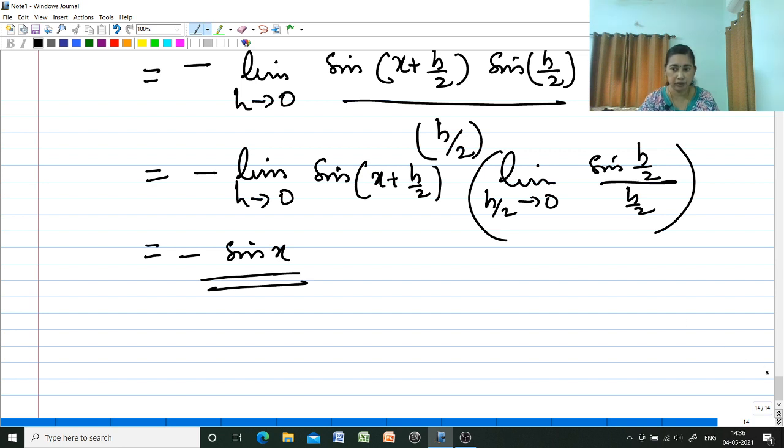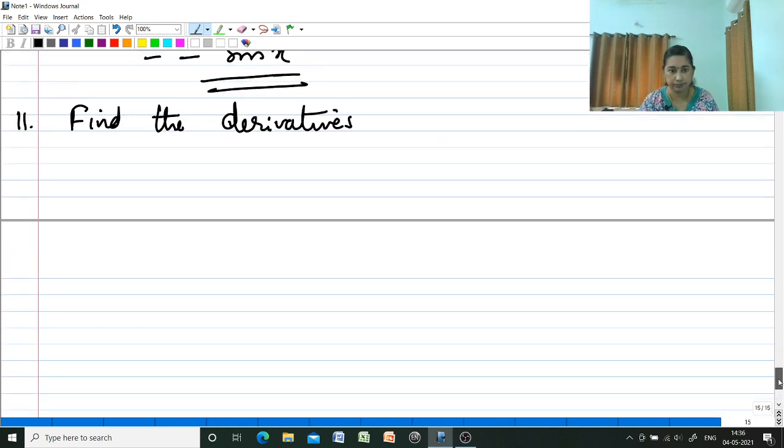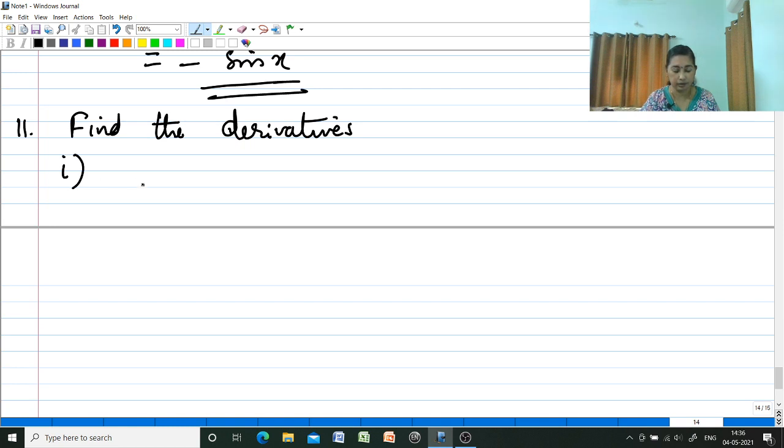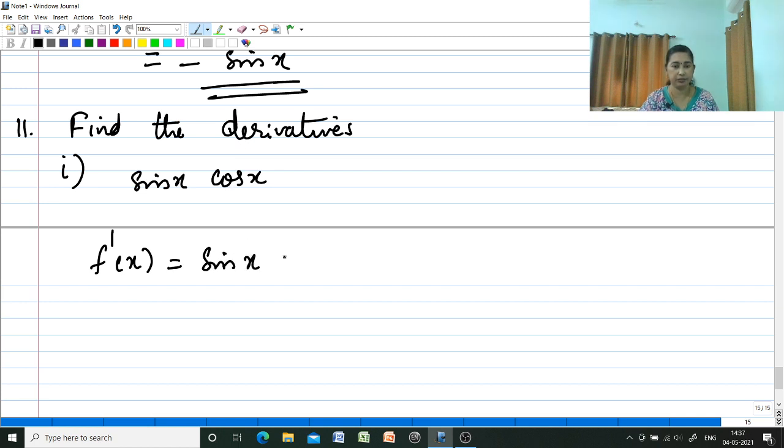Now the last part of the question, that is question number 11, find the derivatives of the following. In that, first question, sin x cos x. So how to find out the derivative? F dash x or dy by dx equal to first function into derivative of the second.